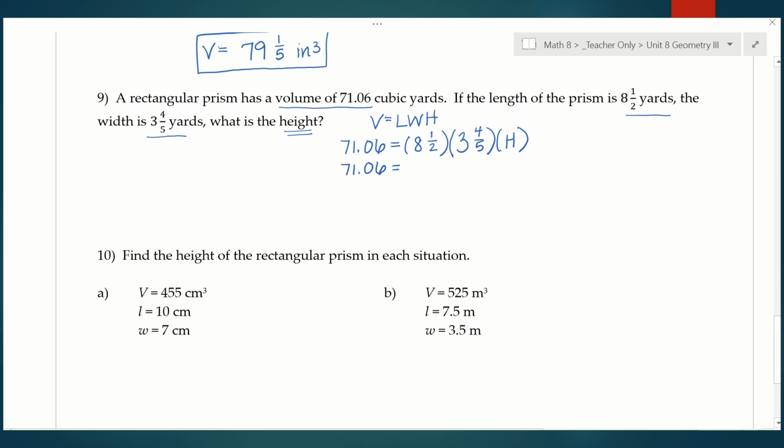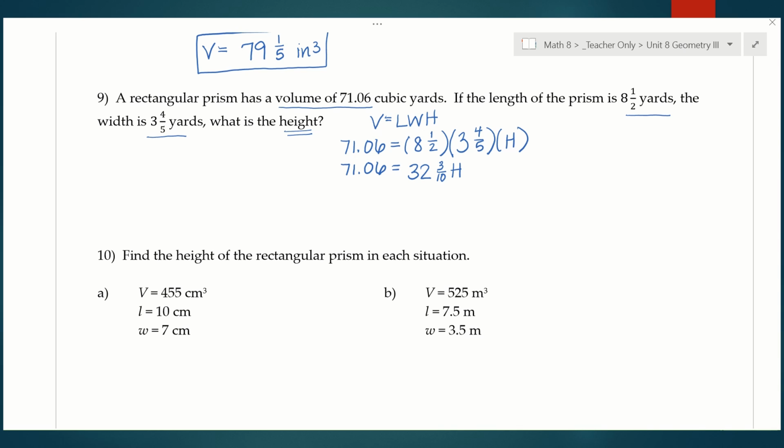Again, you can use your ABC key to multiply. And if you typed it all in correctly, you should be getting 32 3/10 H. Okay, so to solve this equation for H, I have to get rid of that 32 3/10.